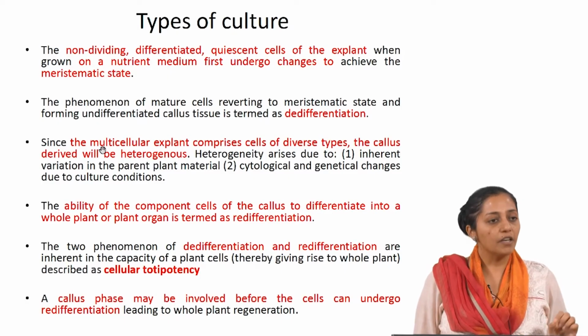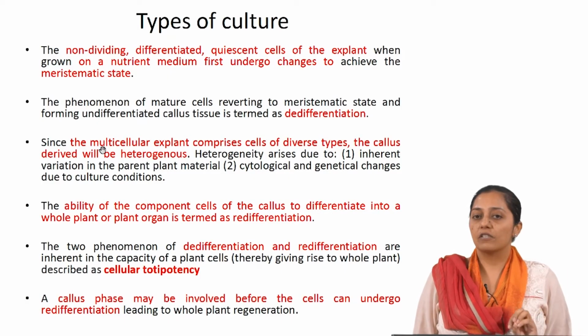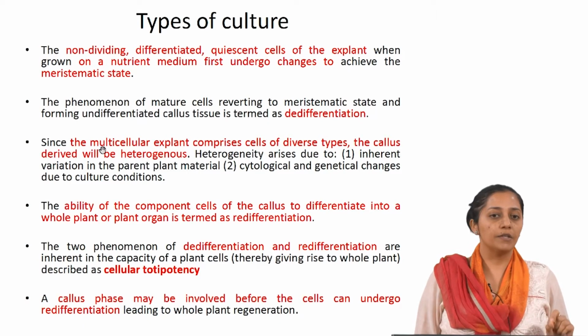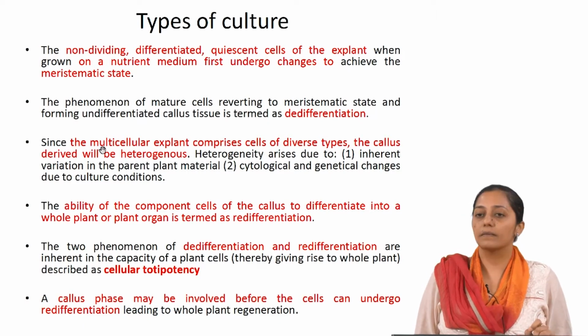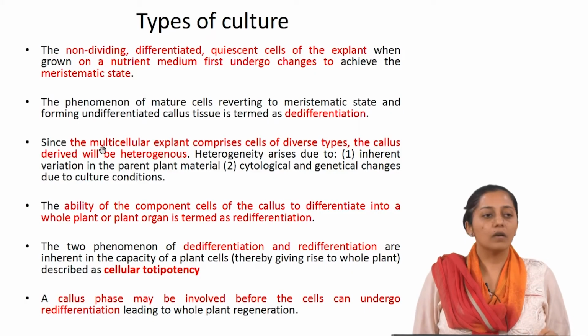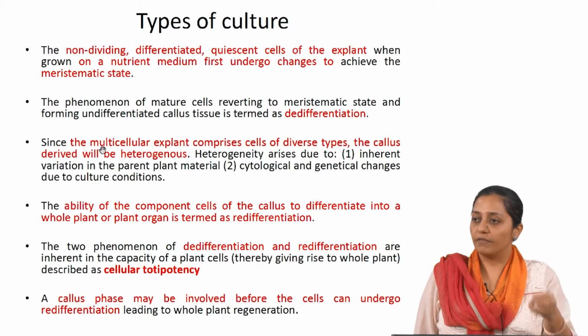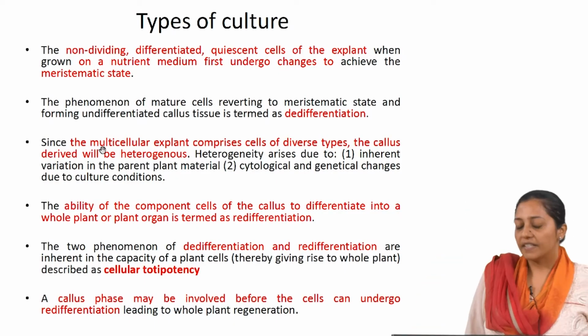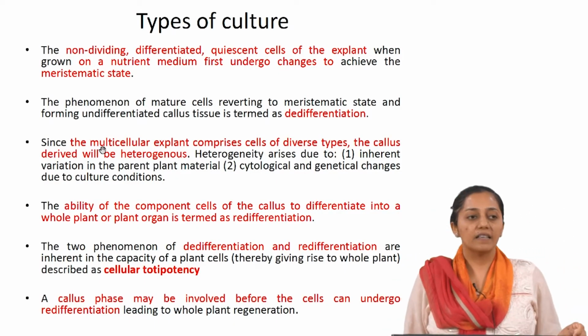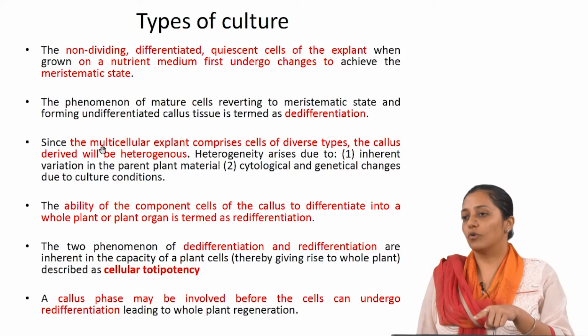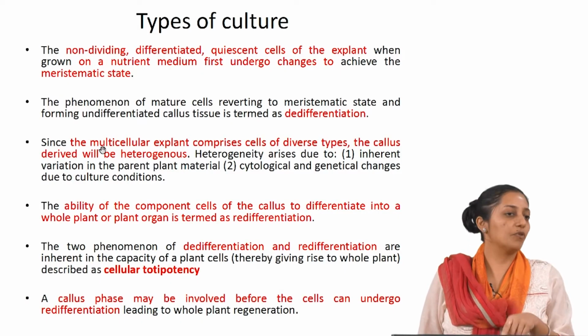Now the ability of the component cells of the callus to differentiate into the whole plant is what we know as redifferentiation, or totipotency, which is the capability to dedifferentiate and redifferentiate. It is not necessary that the explant has to go to a callus stage before regeneration.